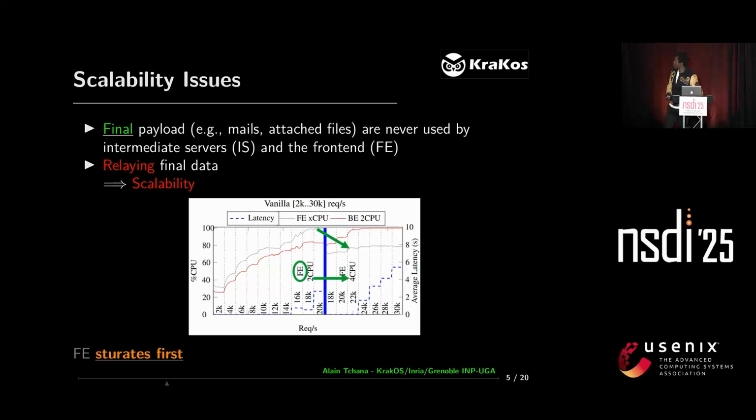Another experiment on the same three-tier application observes which tier saturates first. We can observe on this curve that the first tier which saturates is the front end. So in order to scale the application, we need to first scale the front end, which does not make sense. We want to avoid this problem.